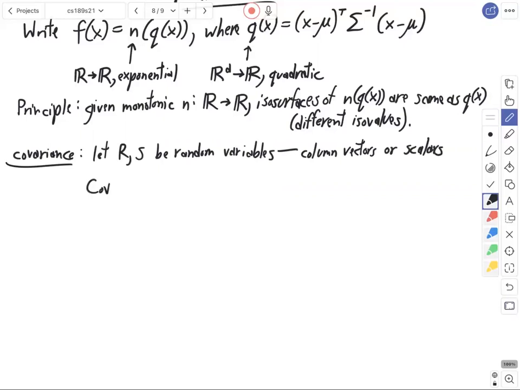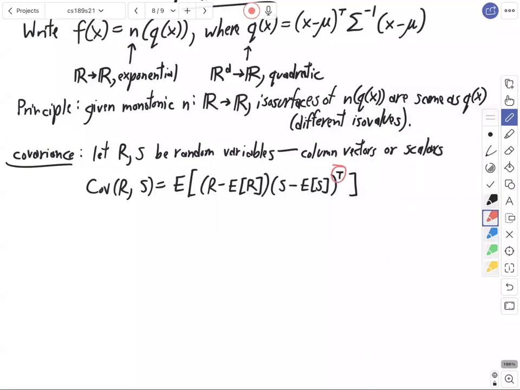And so the covariance of R and S is defined to be, and here's a vector definition, you take your random vector R minus the expected value of R. You take your random vector S minus the expected value of S. You multiply them together, and that's a transpose there. So that's another one of those outer product matrices. Of course, if R and S are scalars, then this transpose is kind of irrelevant, but it doesn't hurt.